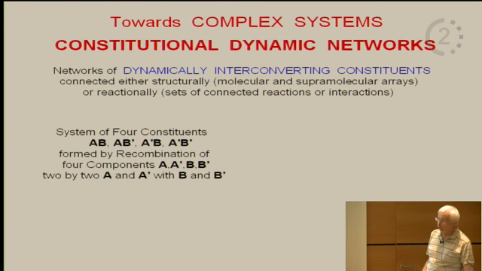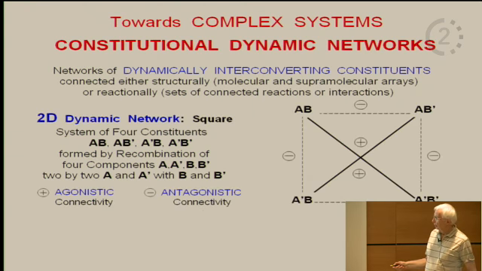Now these form a network, a two-dimensional network, where you can use a square to represent it with AB, AB prime, A prime B prime, A prime B on the corners. These are related by connections, relationships, where on the edges you have constituents which share a component.